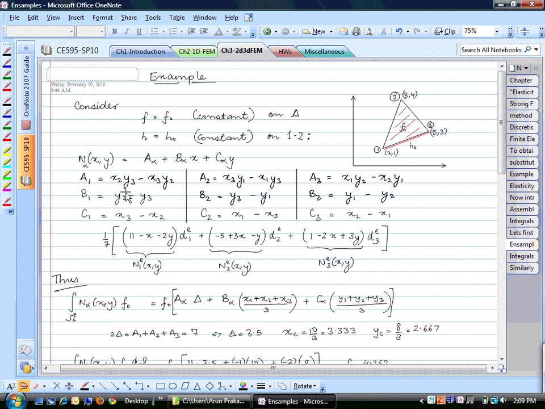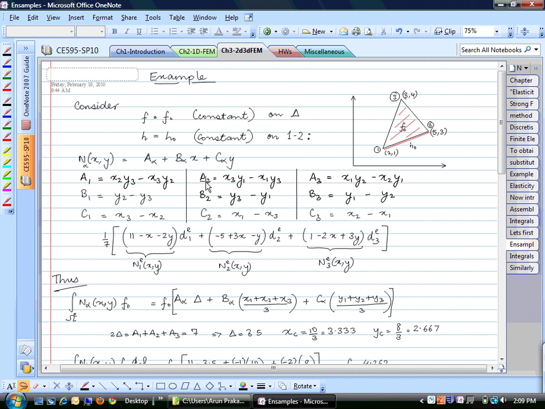So using the technique that we talked about last time, we can find out what are all these shape functions, right? If somebody gives you the coordinates of the triangle, you can find out these shape functions by using the method that we talked about.